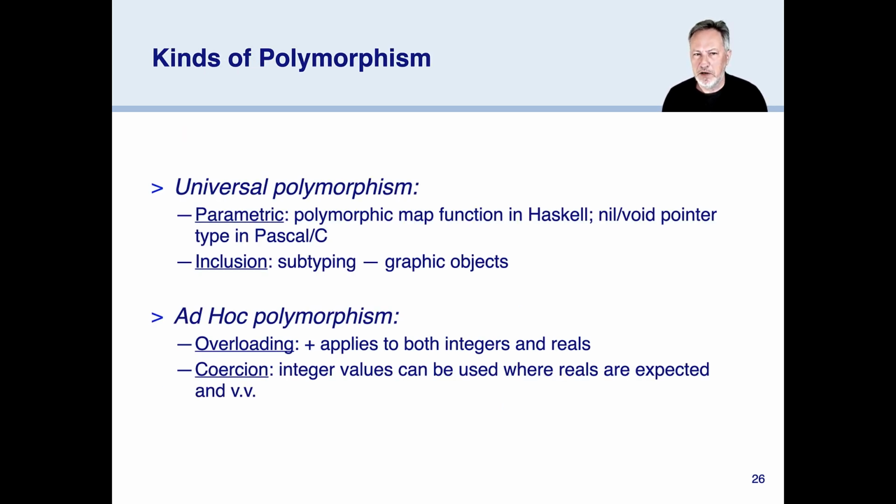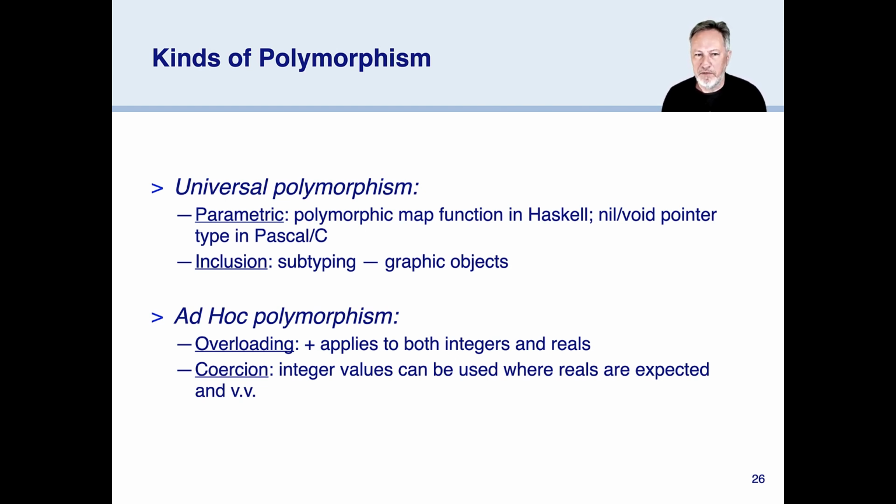There are many different kinds of polymorphism. The reference for this is the classic paper by Cardelli and Wegner, which I referred to at the beginning of this lecture. We'll not go into much detail today, but in a later lecture we'll explore these four different kinds in a little more detail.